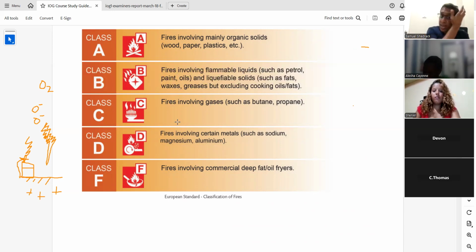Class D fires are fires involving metals, but the word metal here is not what you think. It's actually a grouping from the periodic table, right?